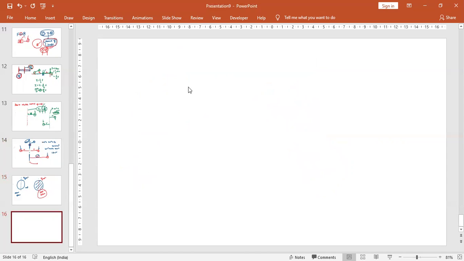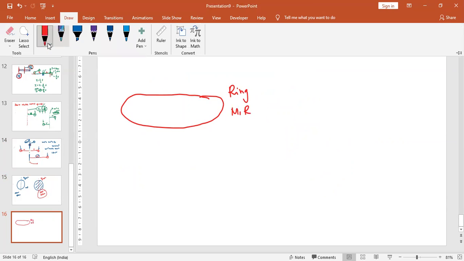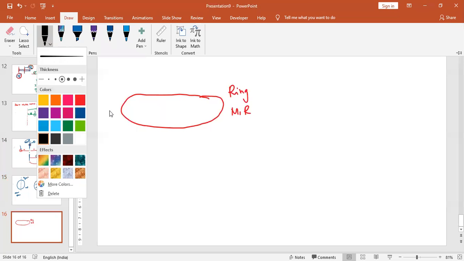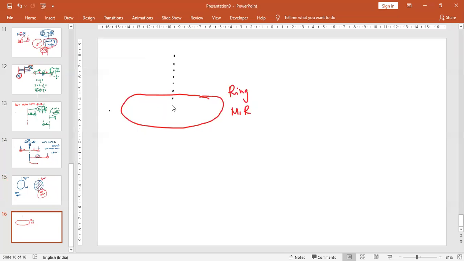Similarly, suppose that we have a ring of mass m, radius r, and suppose there is an axis passing like this through the center of the ring. Then about this axis, the moment of inertia will be mr square.